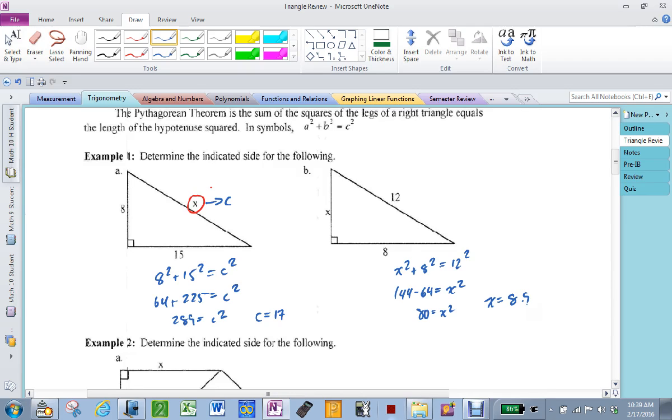Everybody good? Okay. Now, here's where you're going to forget to do things. On your tests, you're going to feel rushed, even though you're not. And you're going to forget to square root your answer. I have had kids in honors classes hand me in a test where this triangle was 10 km, this length was 10 km, this length was 12 km, and I said, how far is it across the lake?